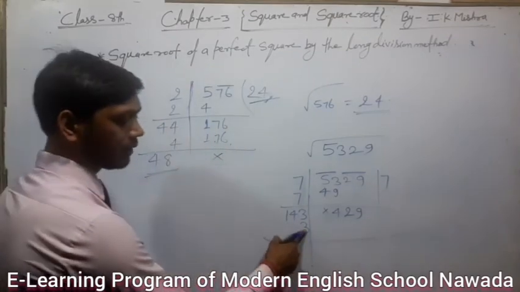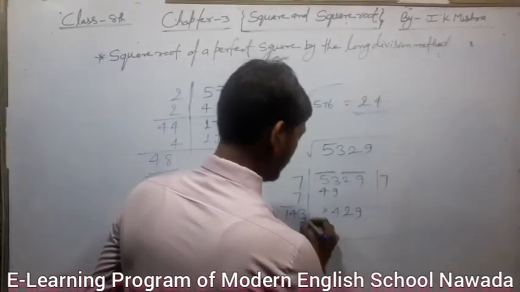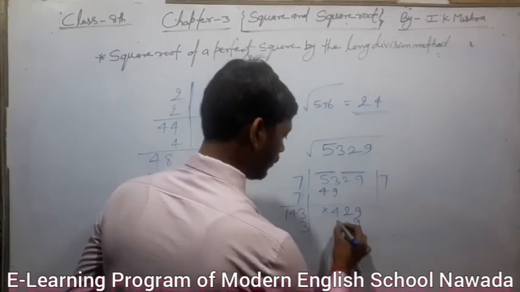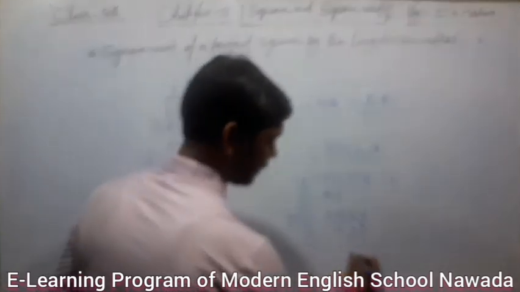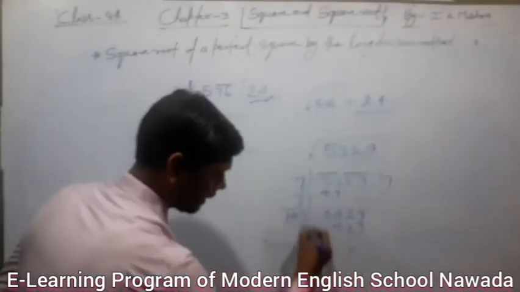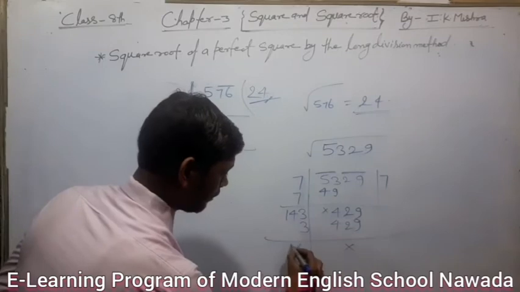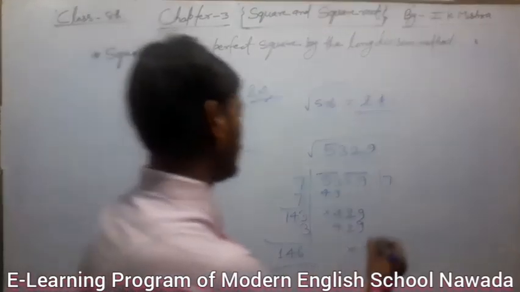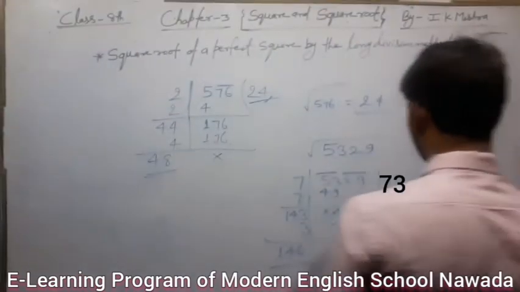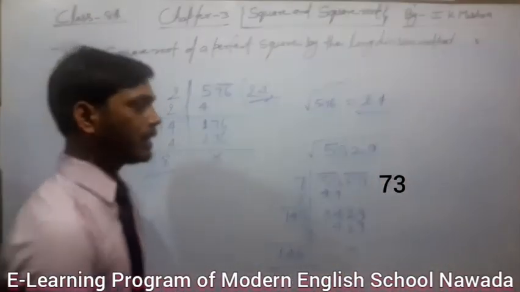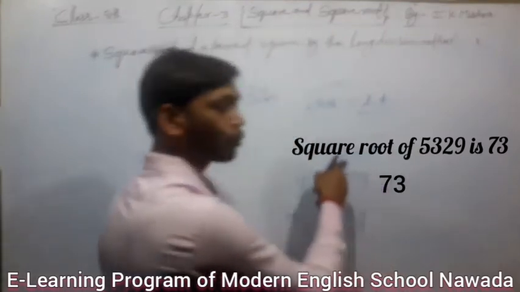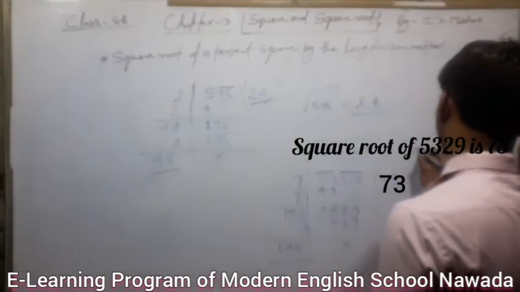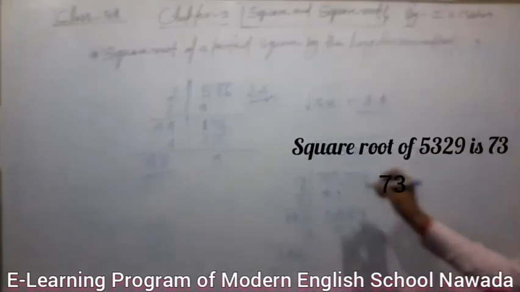If you multiply it, 3 nines are 27, 3 fours are 12, and so 141. Here the remainder is 0. That means the square root of 5329 is equal to 73.